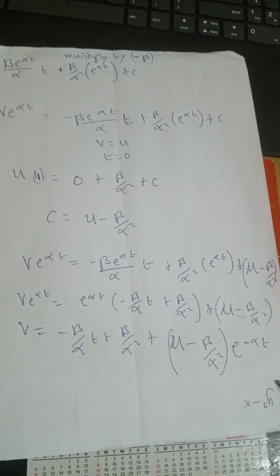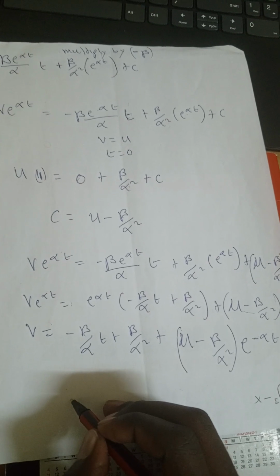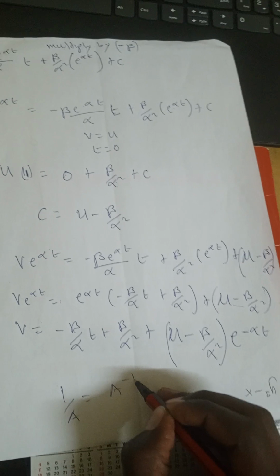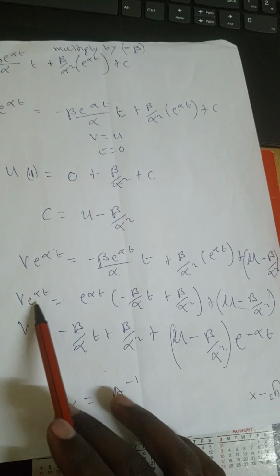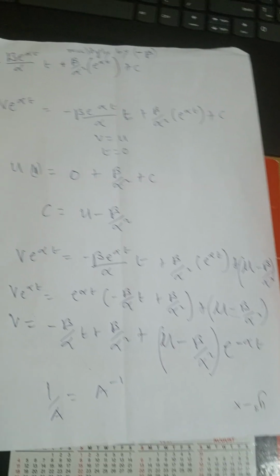The concept we use is 1 over a is the same as a to the power negative 1. So 1 over exponent alpha t is the same as exponent to the power negative alpha t.